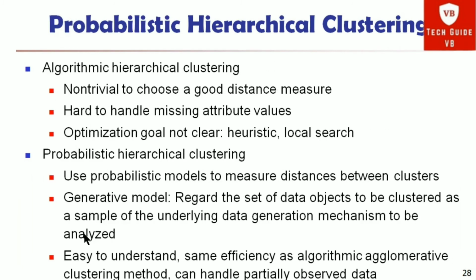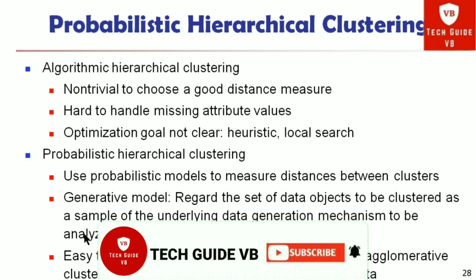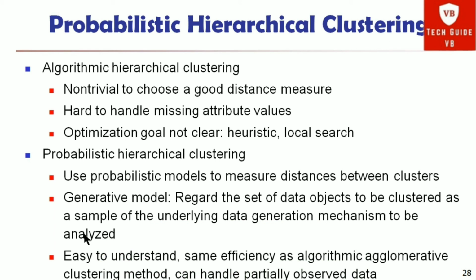And then there is probabilistic hierarchical clustering, versus algorithmic hierarchical clustering. The algorithmic hierarchical clustering points are: it is non-trivial, it is hard to handle missing attribute values, and the optimization goal is not clear.